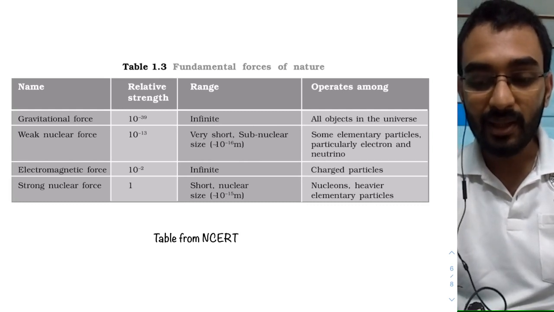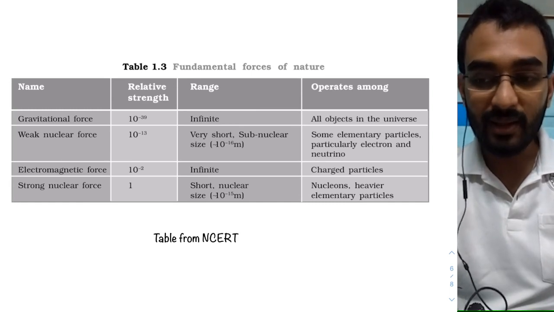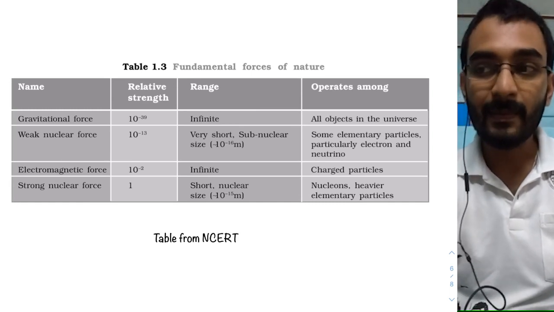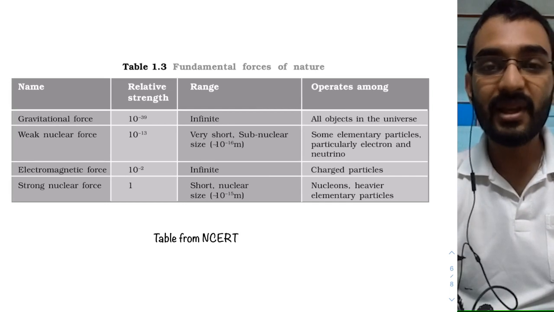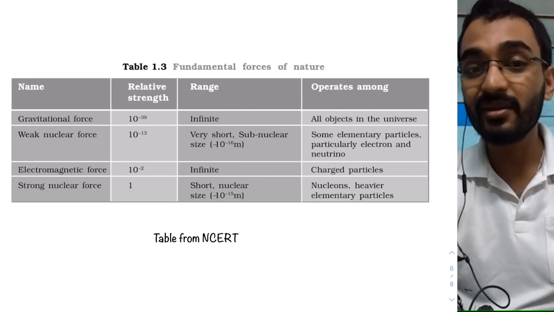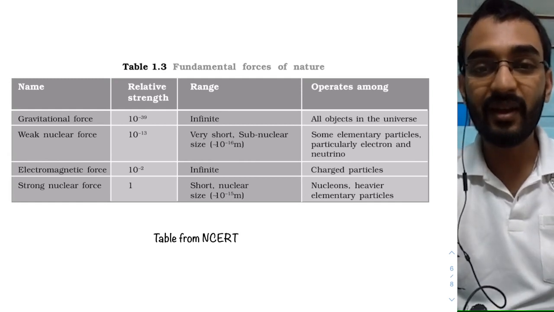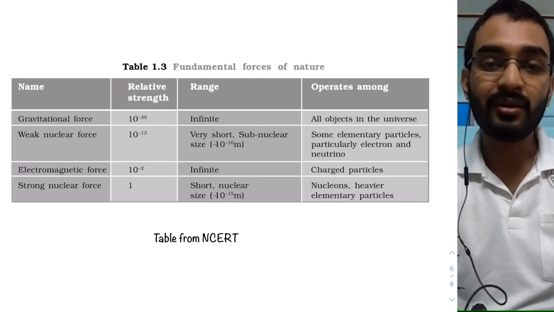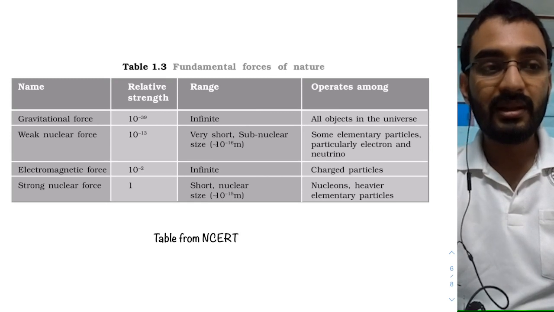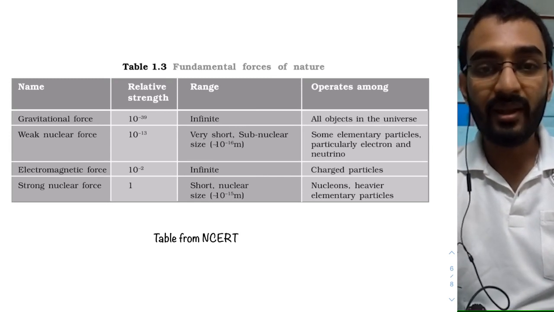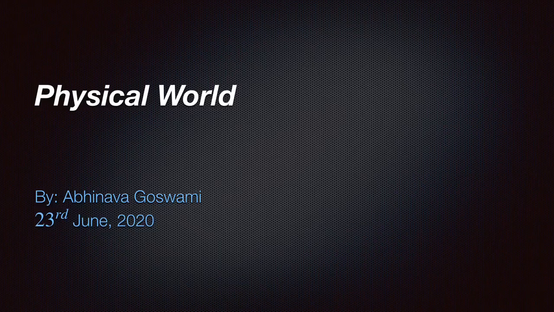For example, the gravity on earth is more than the gravity on moon. You will experience 6 times less gravitational force on moon than on earth. But the law defining gravity is the same whether it is on earth or moon. So this is all about the physical world, the natural laws, and the types of forces.